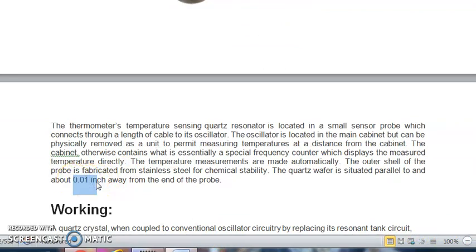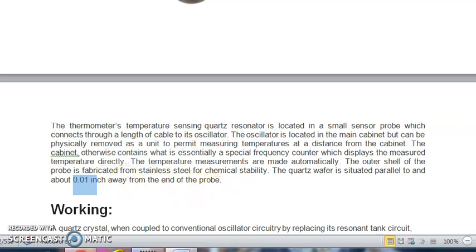Since the structure is enlarged, it looks like 1 inch, but it is very small. It can be fabricated inside a laptop, and in medical equipment. So it is a very small dimension.